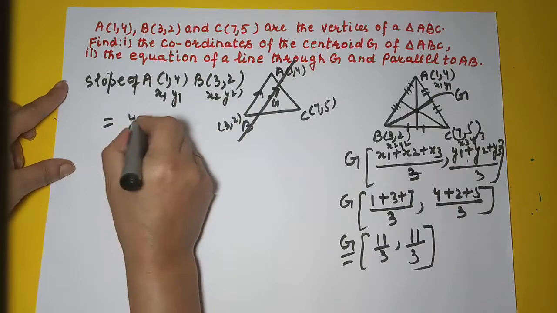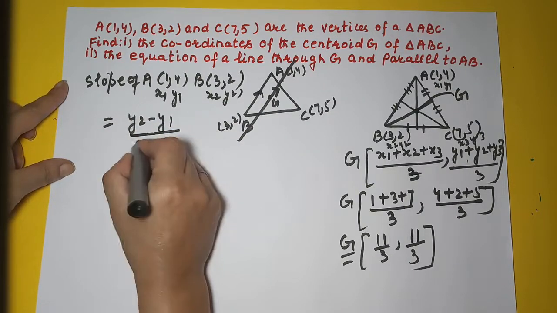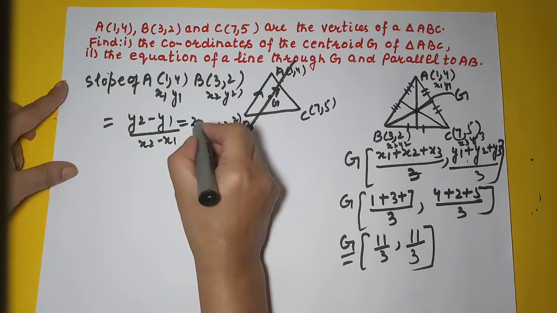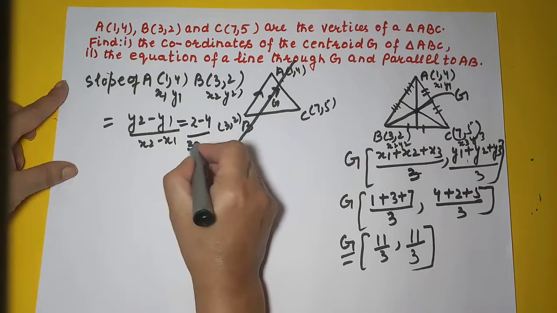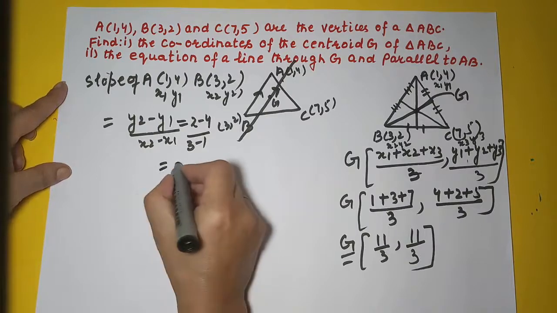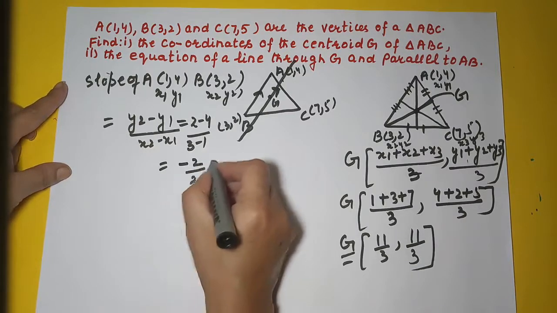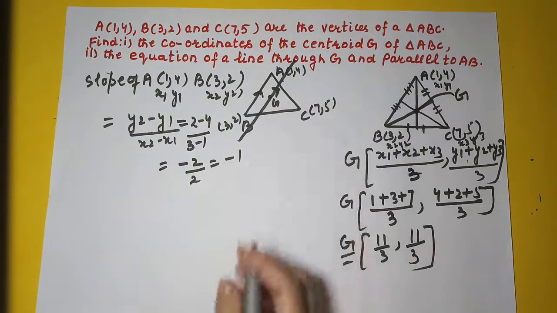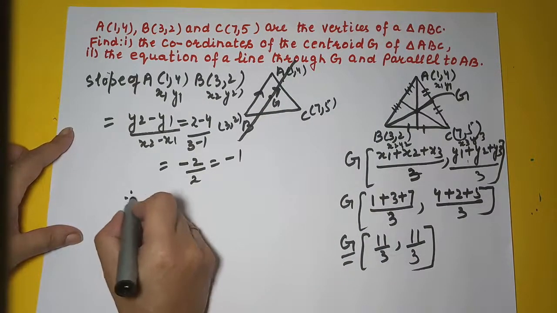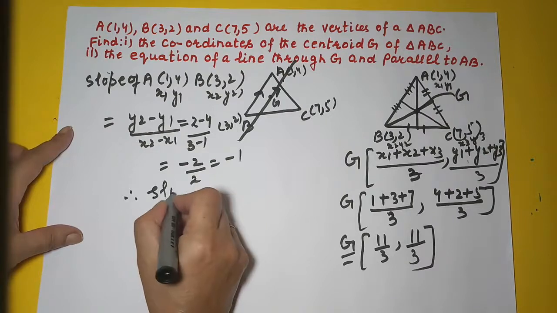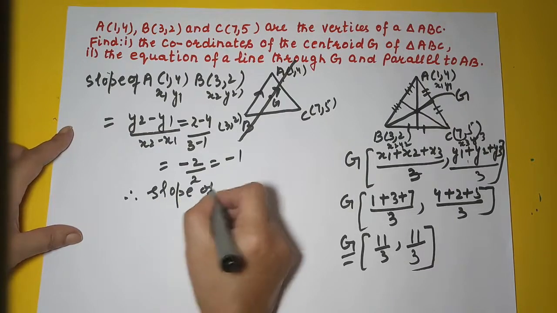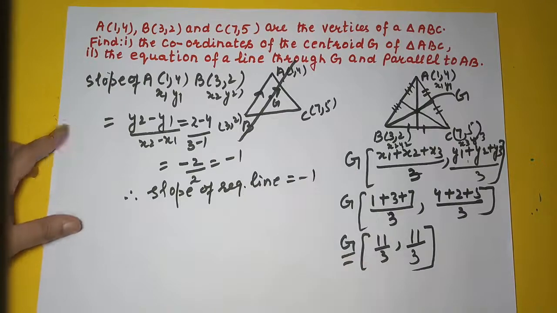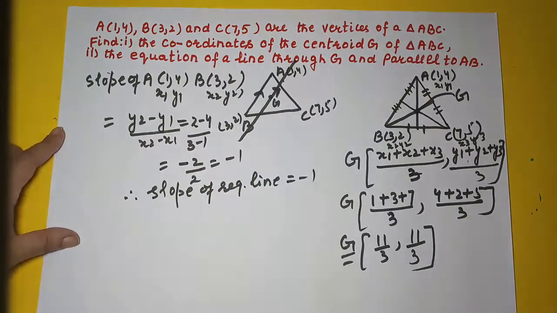Slope is equal to y2 minus y1 upon x2 minus x1, which is equal to 2 minus 4 upon 3 minus 1, which is minus 2 upon 2, which is minus 1. So I got the slope of AB as minus 1. Therefore the slope of the required line is also minus 1, because they are parallel.